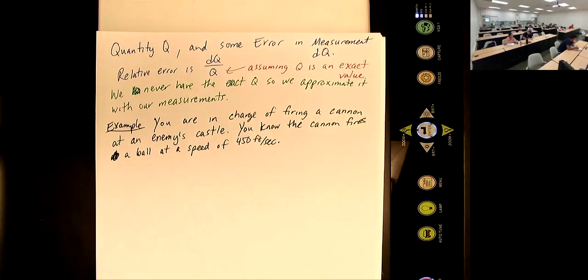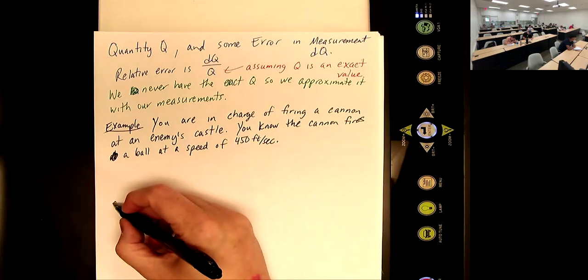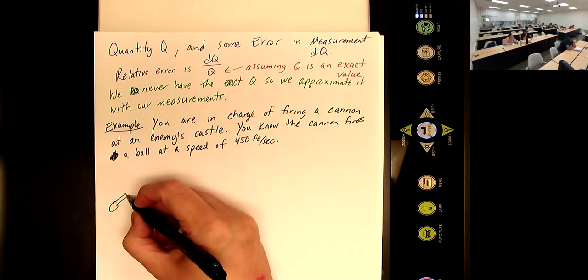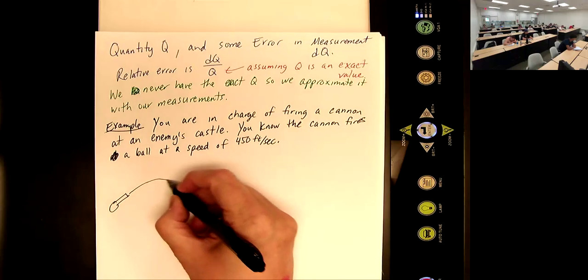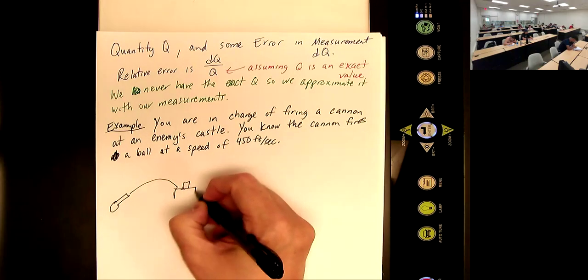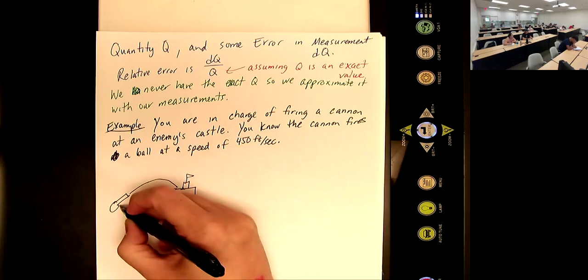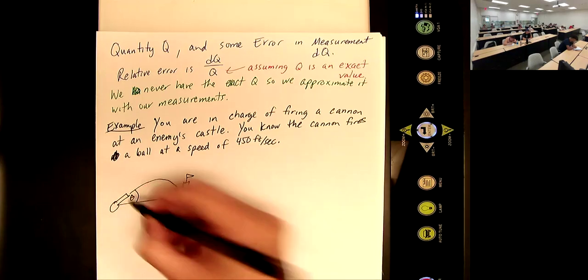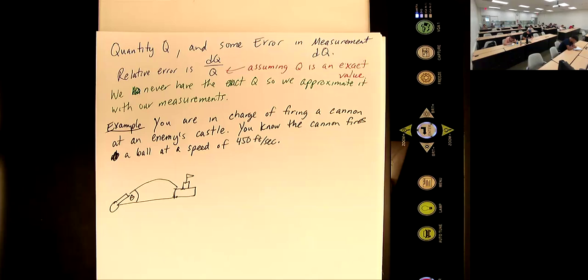Of course, it's pulled down by gravity. So here's a little picture of your cannon, and it's shooting at an enemy castle. It's making some angle theta with the ground. And you have to set the right angle, because if you aim it too high, the cannonball falls short. If you aim it too low, it may not even make it, or it's going to go over.